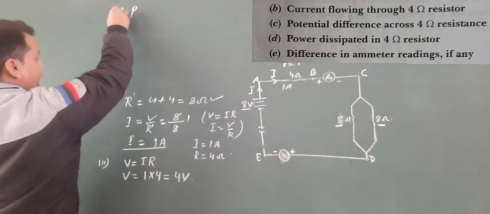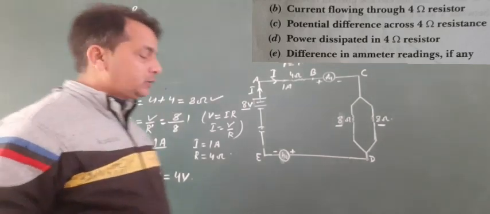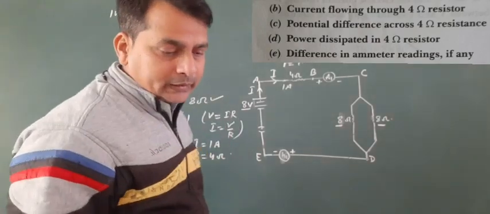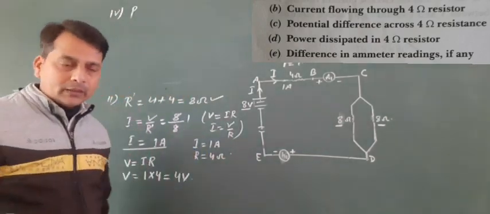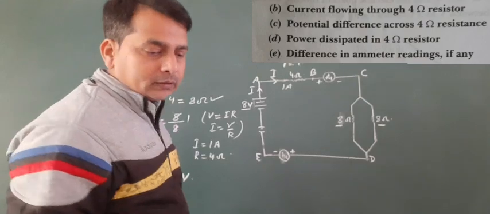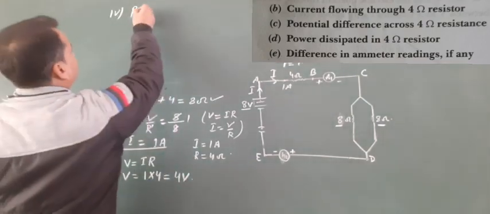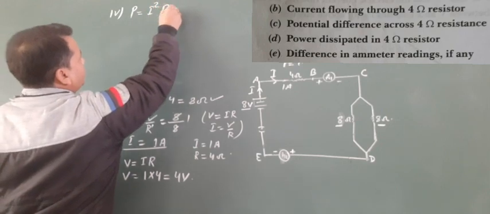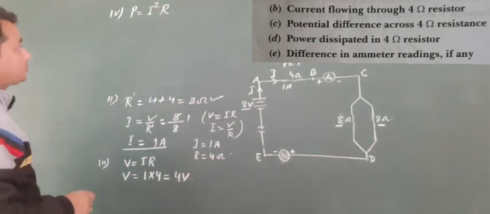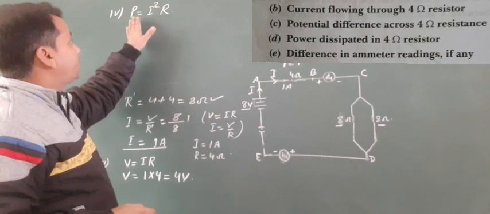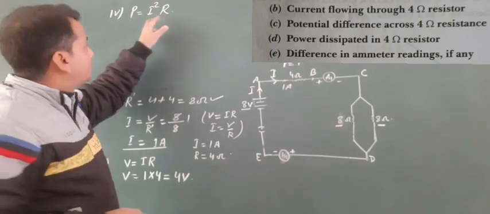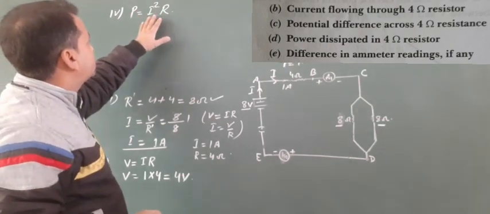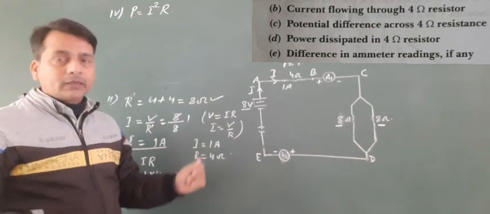Question number 4. So we know that power P equals I square R. The formula of power in terms of electric current and resistance is P equals I square R.